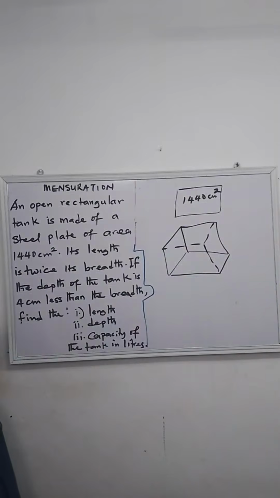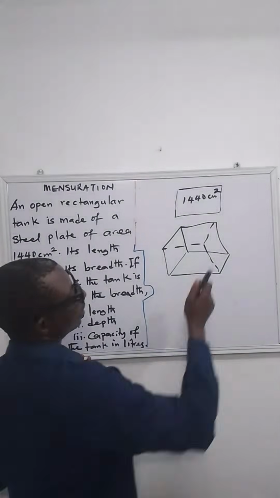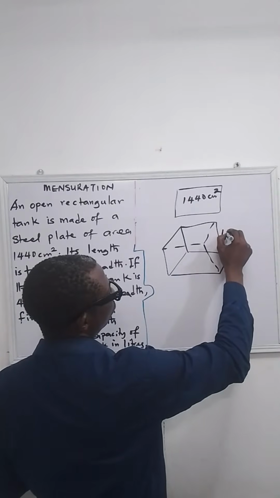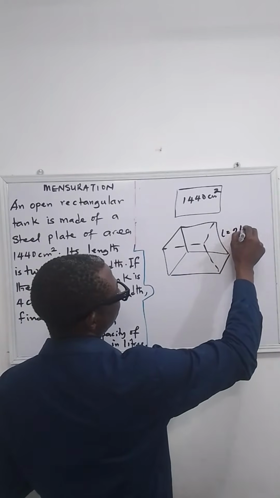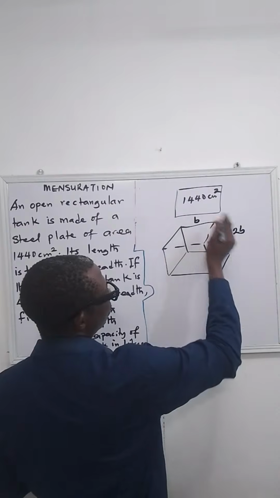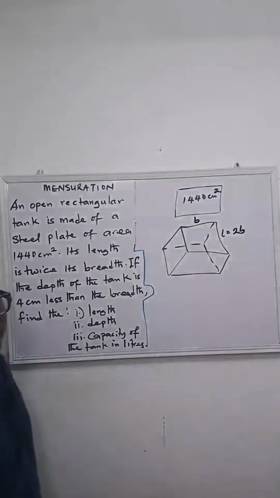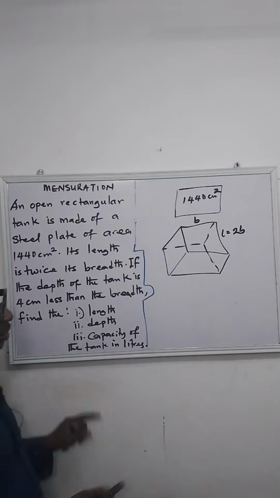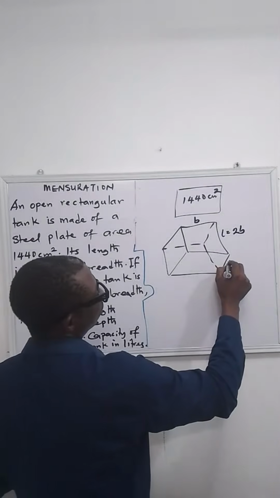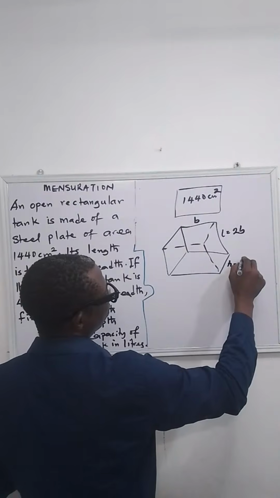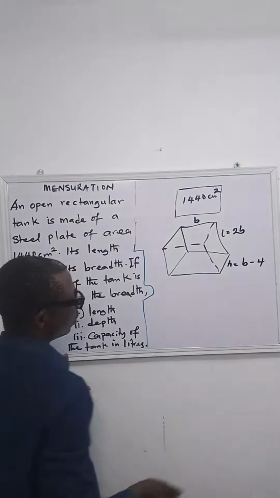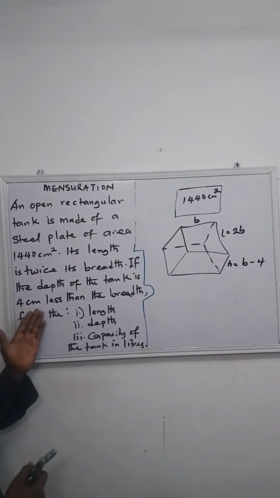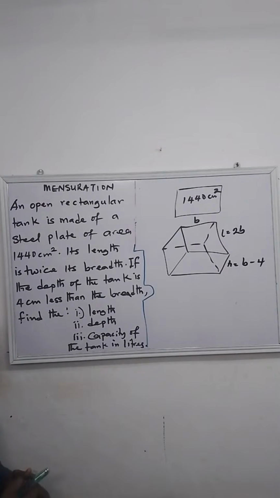Now, the tank is such that the length is twice the breadth. So if the breadth is b, so the length will be 2 times the breadth. And the depth, which is the height, h, is the breadth minus 4, because it's less than the breadth by 4. Okay.